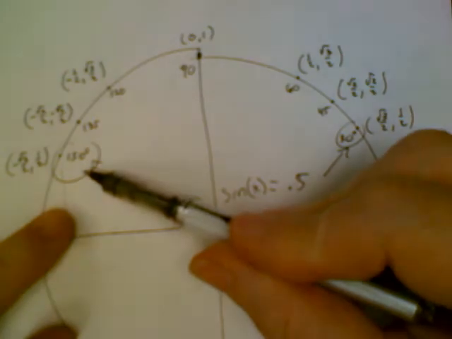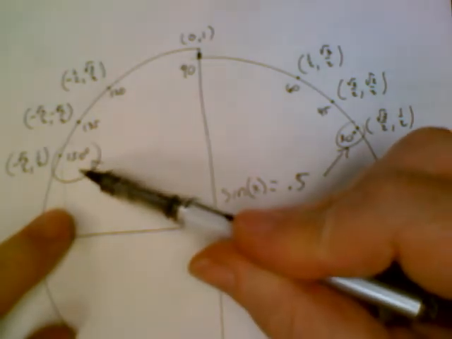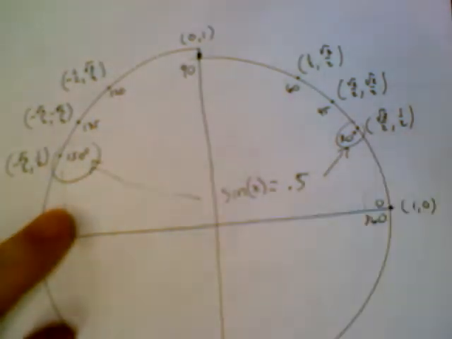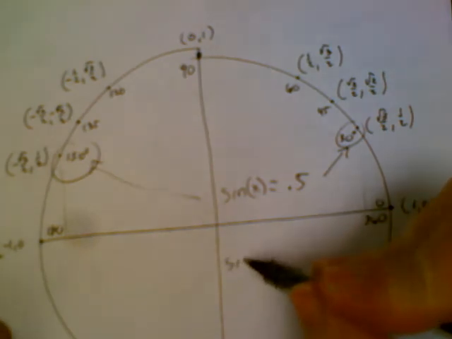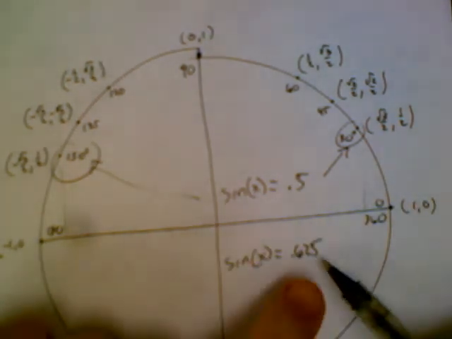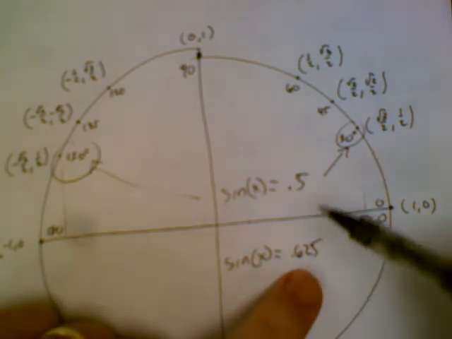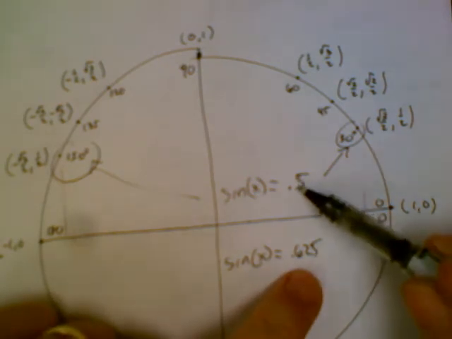So maybe the answer to that question we were working on really isn't the acute angle. Maybe it's the obtuse angle instead, where the sine is equal to that same value. We were dealing with sine of x equal to 0.625. That's a y-coordinate, which is slightly more than 0.5.